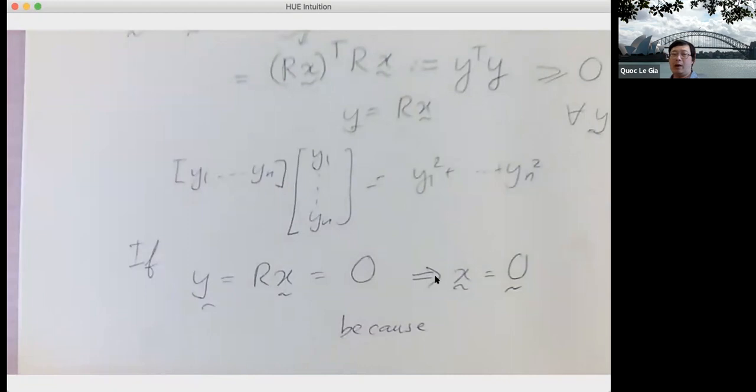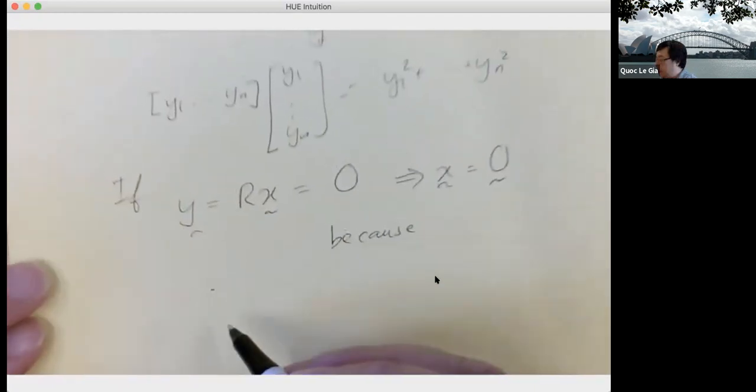It's upper triangular, and all the diagonals are positive. Remember, the matrix R looks like this.